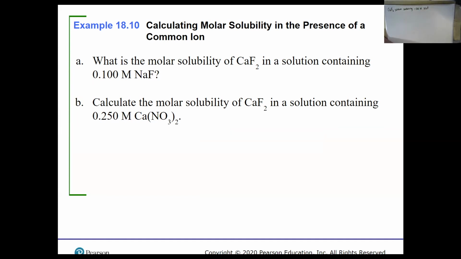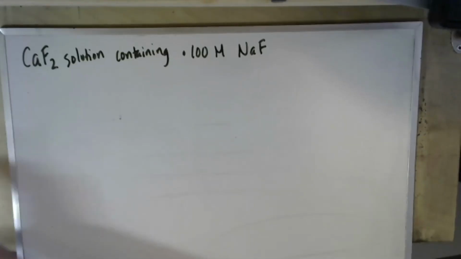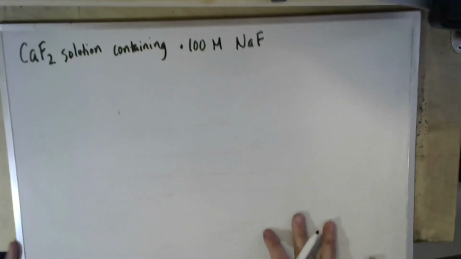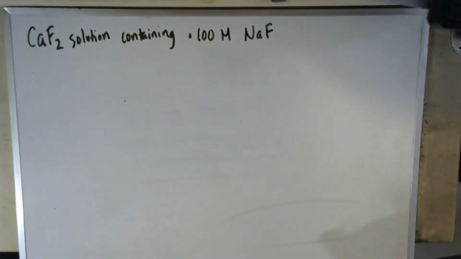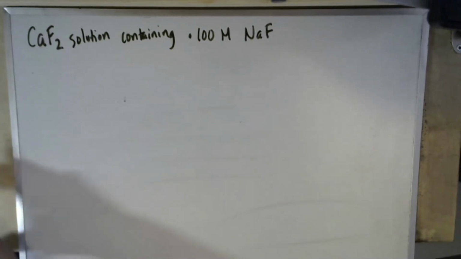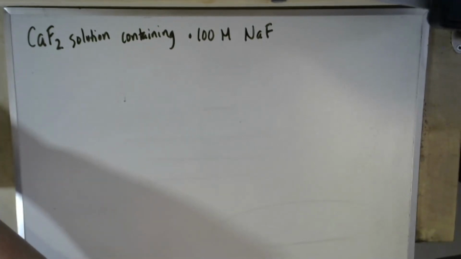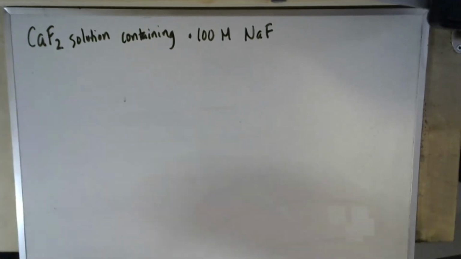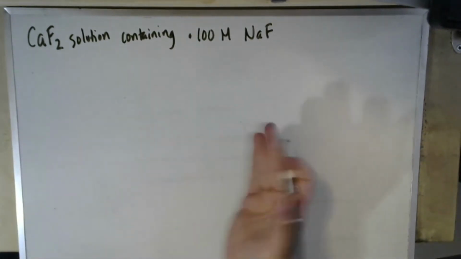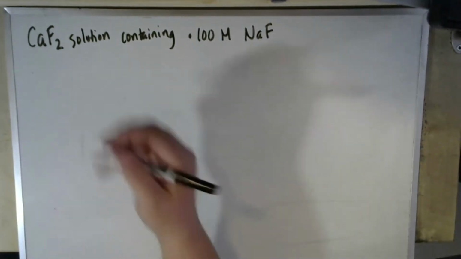Okay. The common ion situation, if Le Chatelier's principle made sense to you, the common ion idea is going to make sense to you as well. Once we talk it out, it's kind of a logical byproduct of that. But we're going to approach it the same way as we looked at the last molar solubility problem.